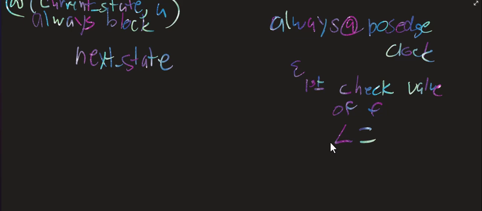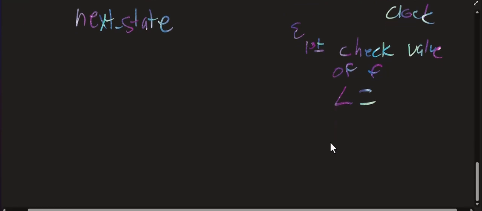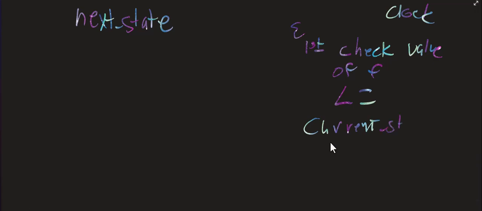So don't use equals, use the less than or equals. And you want to check the value of F and make current state equal to next state. That still keeps it Mealy because you change it based on the conditions that you just found out in your always block, and then you advance it.